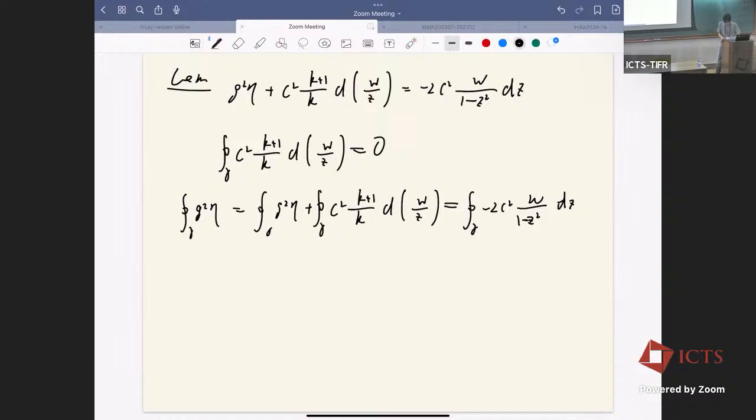Then one can compute, I just write the answer is 4i c squared sine k lambda times 0,1. So we have this. And again, we set this is positive.